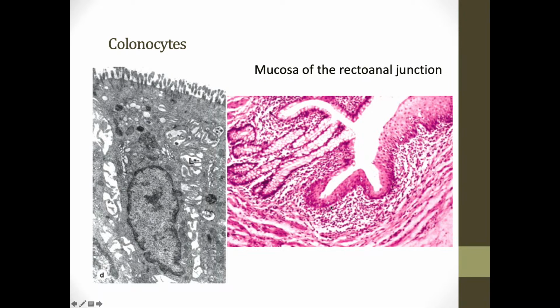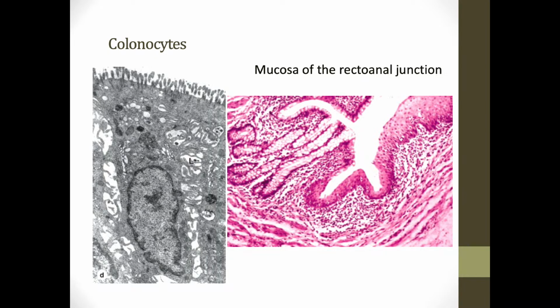And what about this layer? What is this layer, what do you think, under this? Yes, this part, and you can also see the tubular glands, and many goblet cells are here.